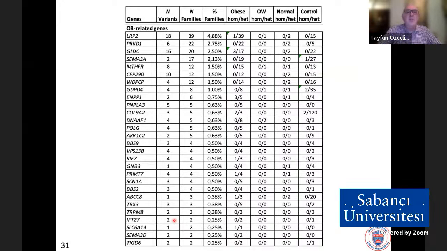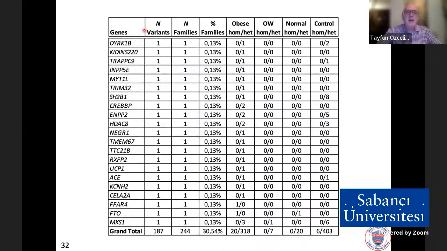With respect to OB-related genes, we also have the order here with the gene name, the number of variants, and the number of families associated with these mutations. So here you have the general outline. It continues with the same pattern. There are single variants and single families for many, like FTO and so on.